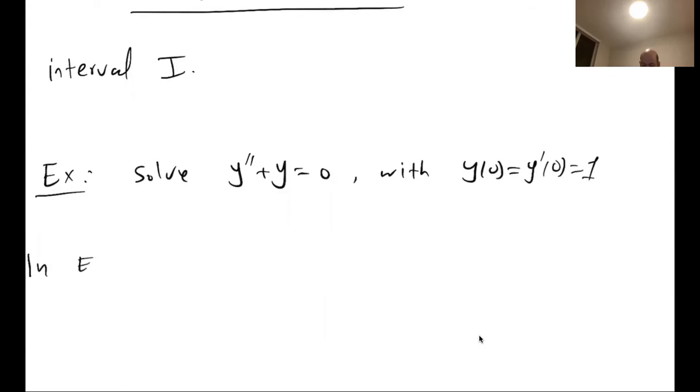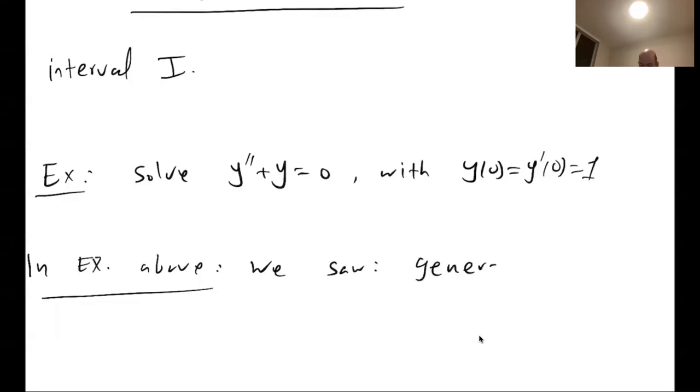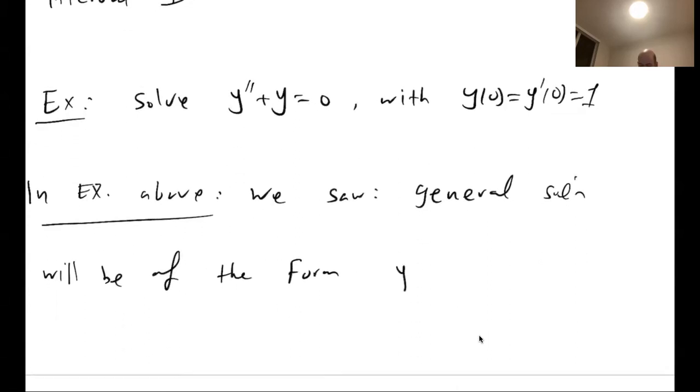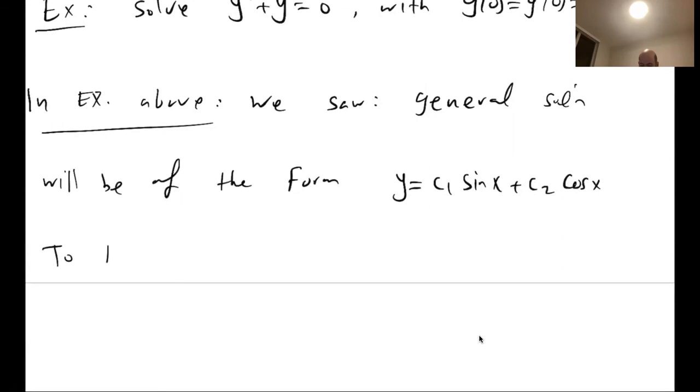In the example above, we saw that the general solution will be of the form y equals C1 sine x plus C2 cos x. And to find C1 and C2, use the initial conditions.